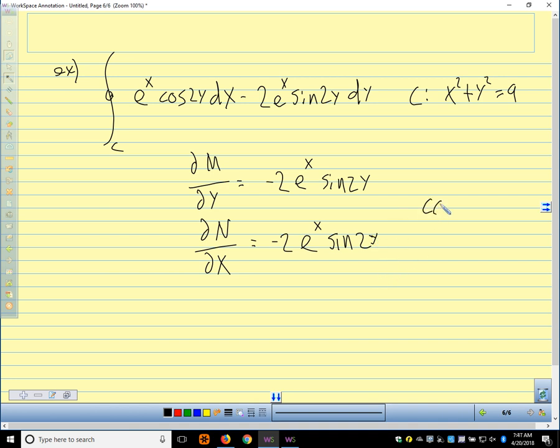This is conservative. The integral evaluates to 0. We're done. We took a couple derivatives and we're done.